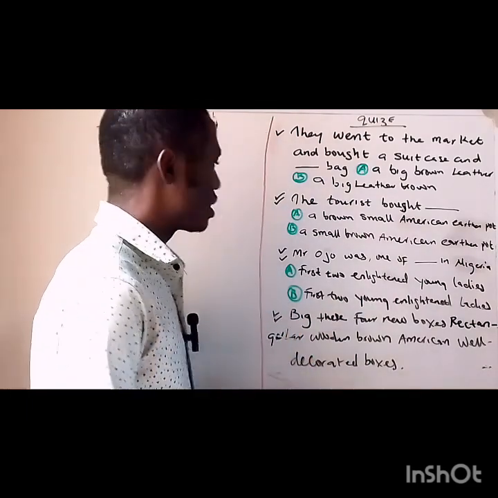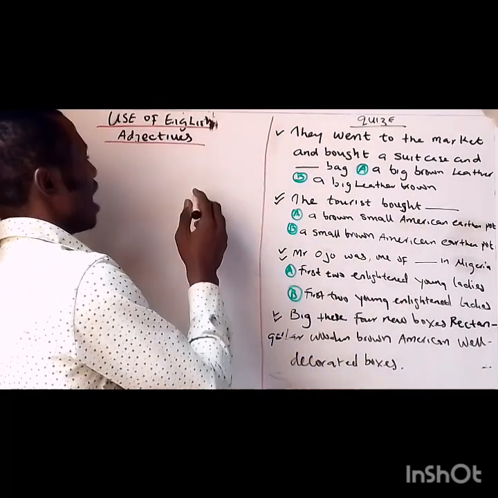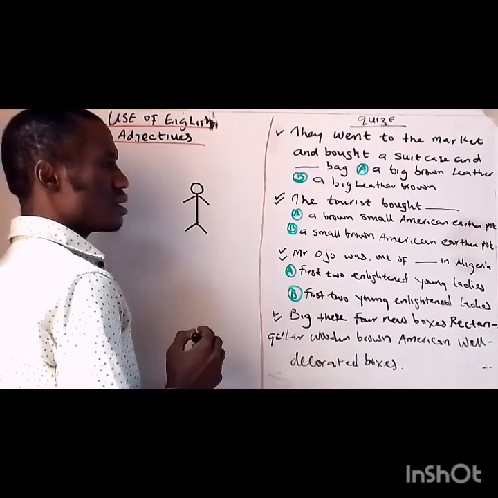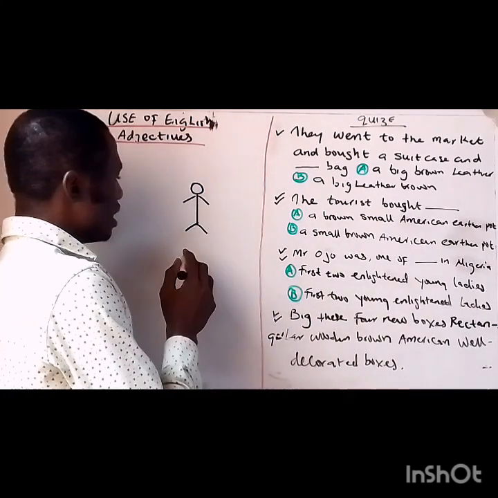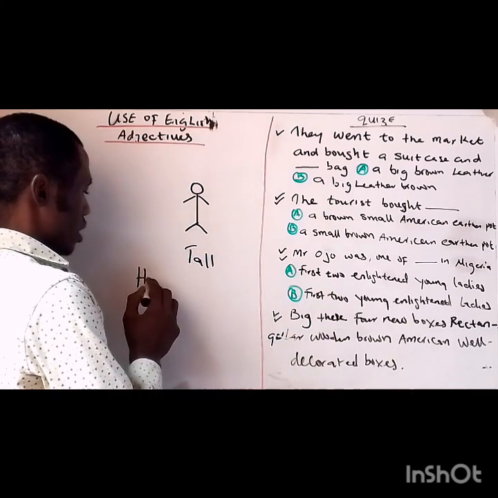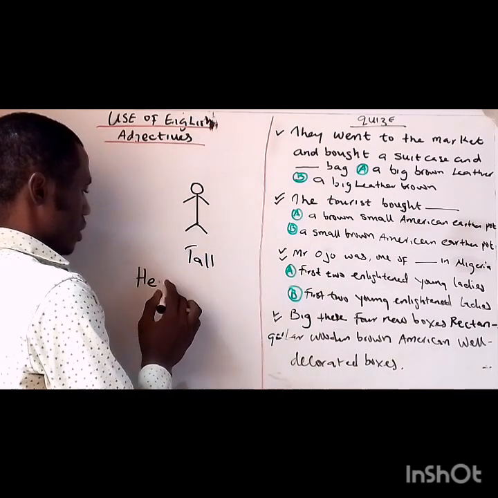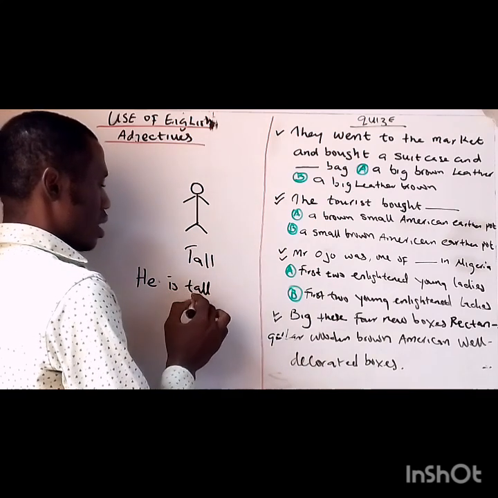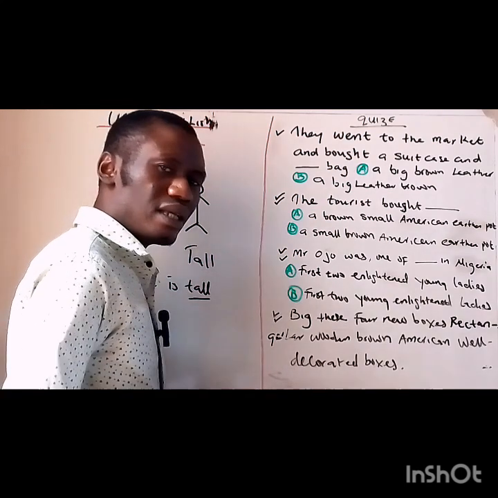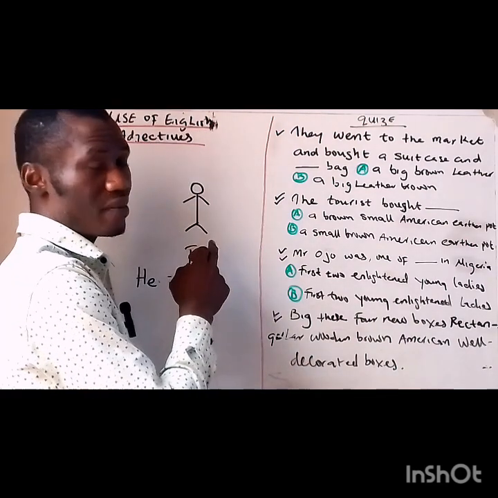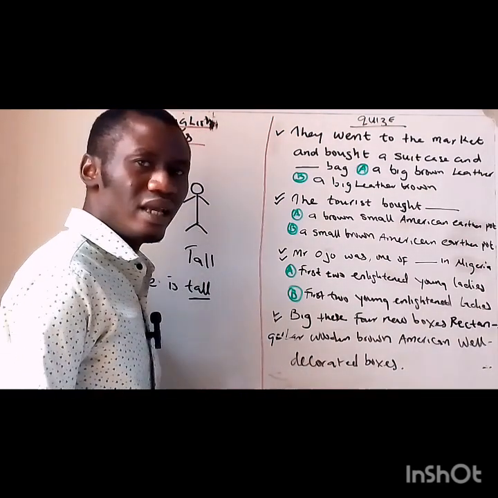Take a look at this. Let's say we have this guy over here, and then you can say he is tall. The word tall is the adjective that qualifies or describes the young man standing here.